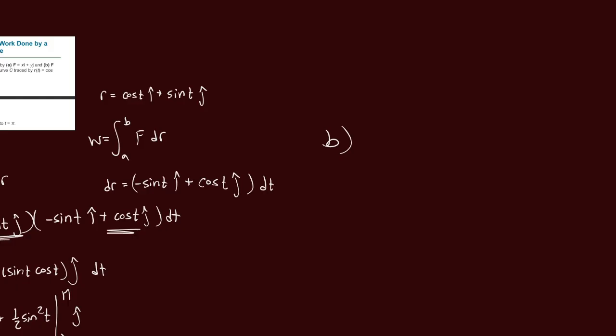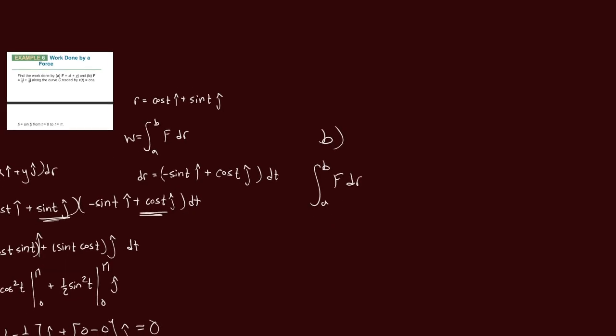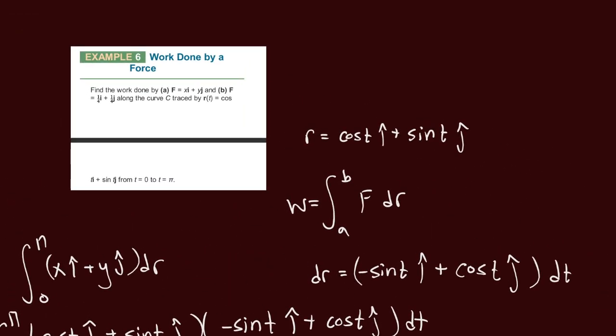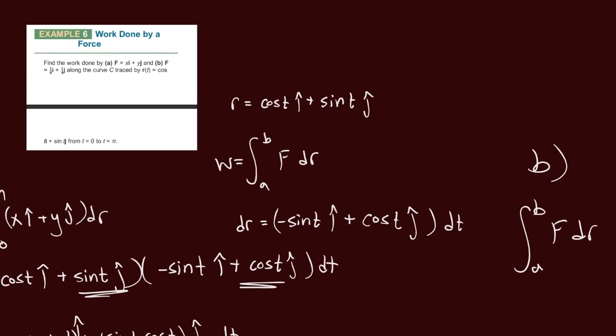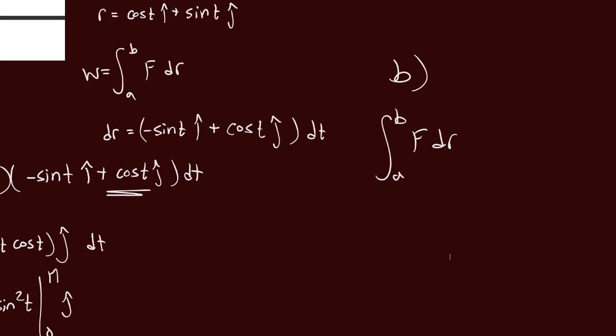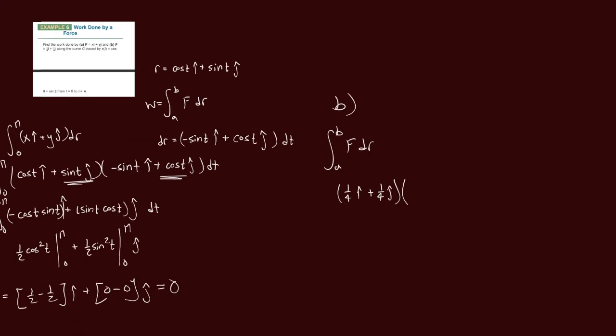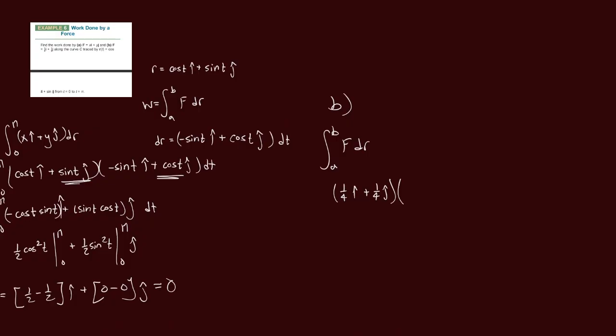Okay? So it's pretty much the same thing. We use the same integral. So f is, what is our f? 1 over 4 plus 1 over 4. Okay, and then we have dr, which is just this whole thing.